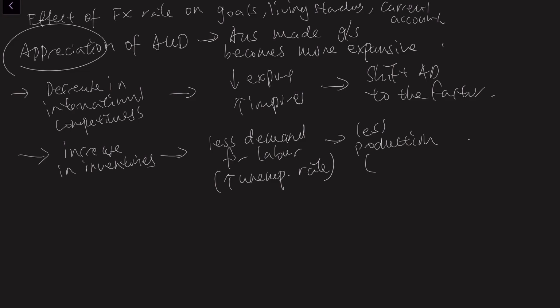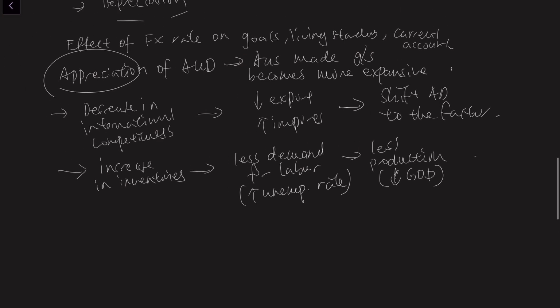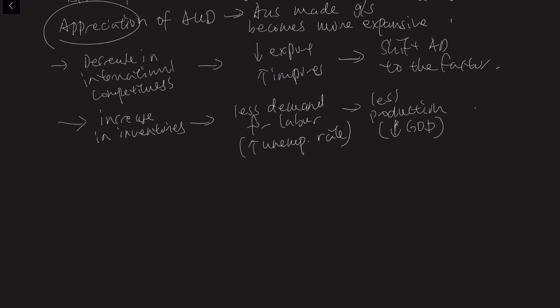We have less production, which decreases the GDP growth rate, which is not good for the goal of strong and sustainable economic growth. However, because we have appreciation of the Australian dollar, the cost of imports would decrease. And this reduces cost inflation.